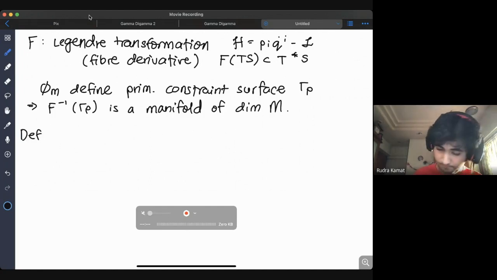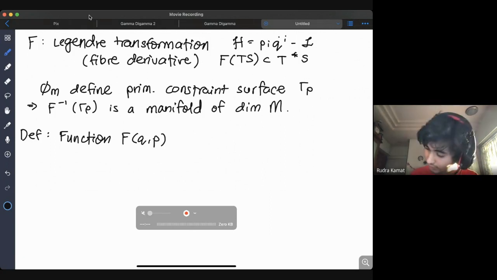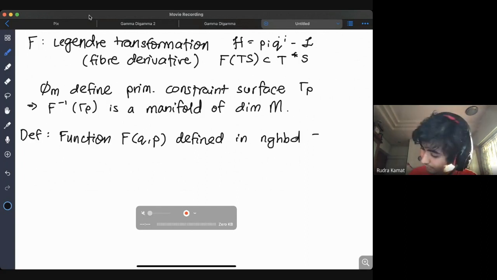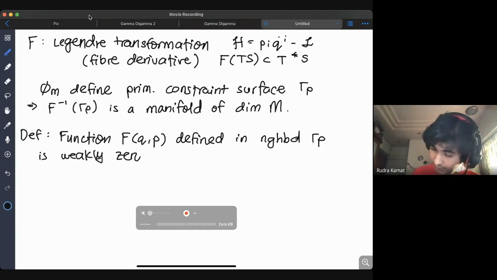Definition. We're going to need this notion quite a lot. The function f(q, p) defined in a neighborhood of gamma sub p is weakly zero. Anyone who's taken distribution theory will know the importance of weak and strong. But in any case, it's not surprising that Dirac was involved with this thing as well.